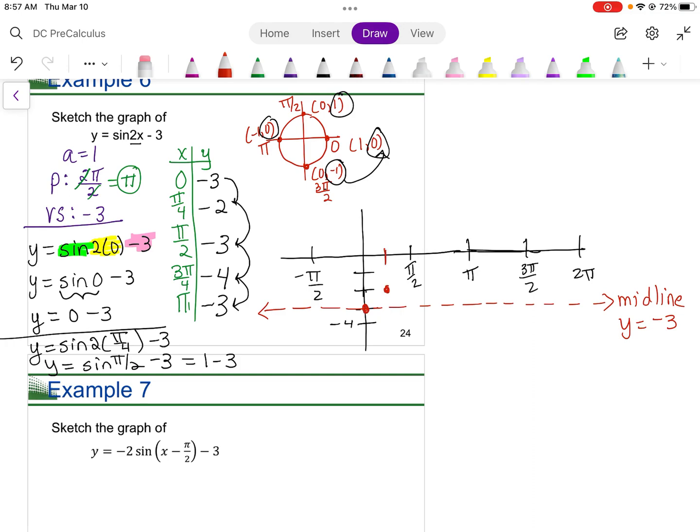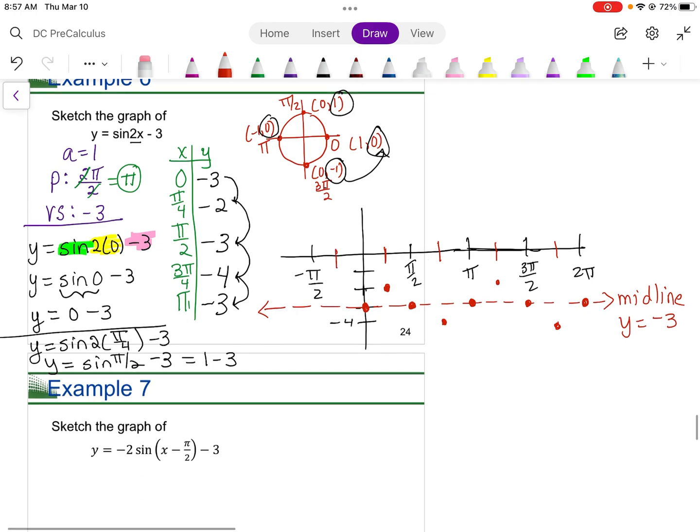This is pi over 4, -2. Pi over 2, -3. 3 pi over 4, -4. Pi, -3. And then I just keep on going. Likewise, I can go backwards, and so on. So here's my graph.